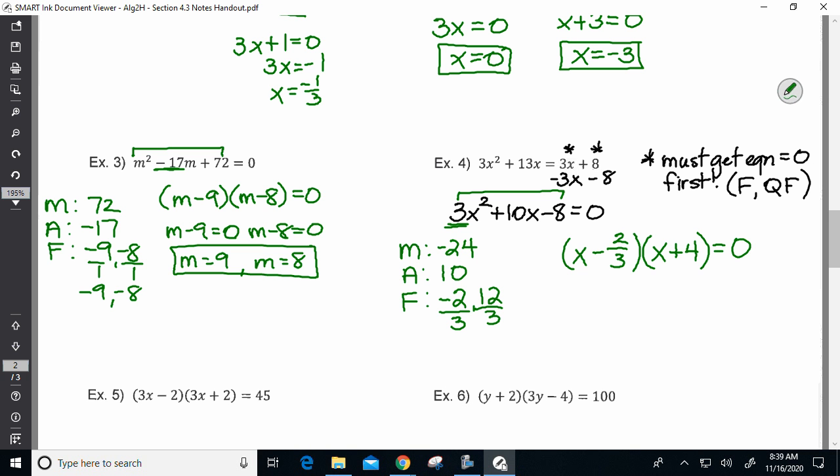So of course, in factoring, we don't want the fraction to be there. So take the 3, move it in front. Now check. Questions before we continue?